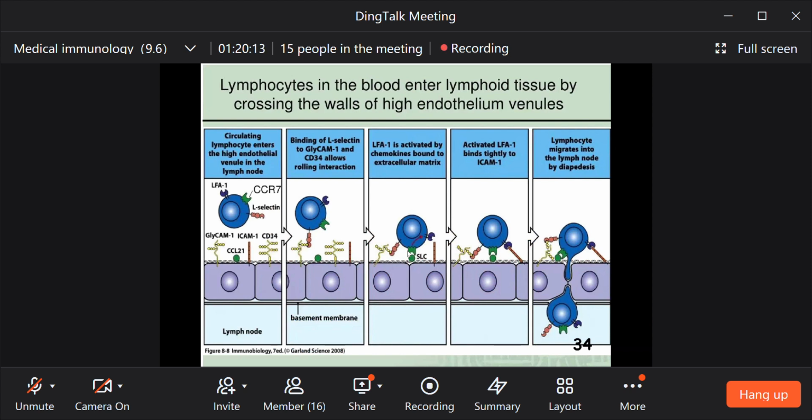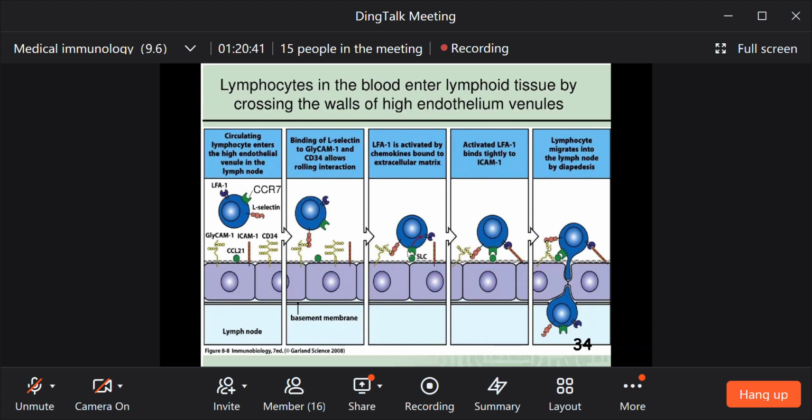So this recognition helps the cell to locate the surface of the venules, and then LFA-1 is activated by chemokines bound to the extracellular matrix.